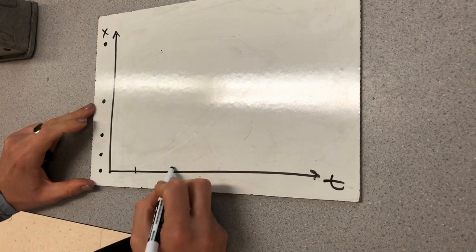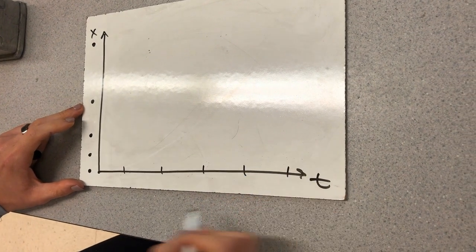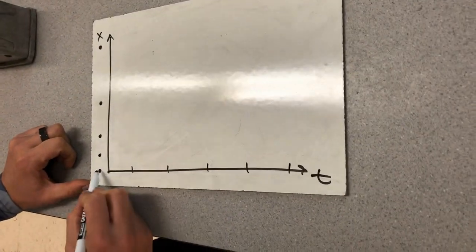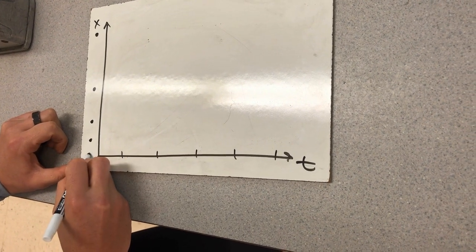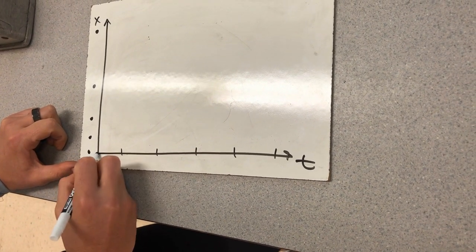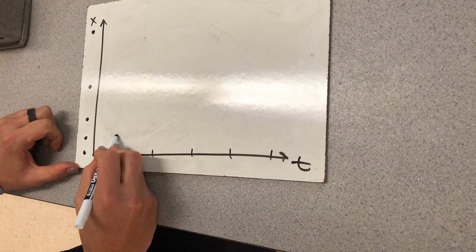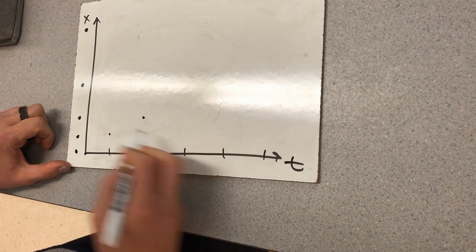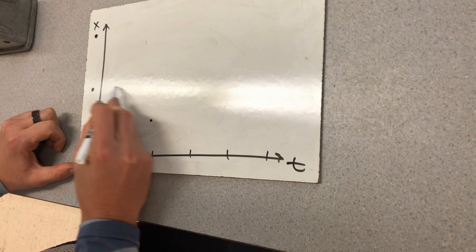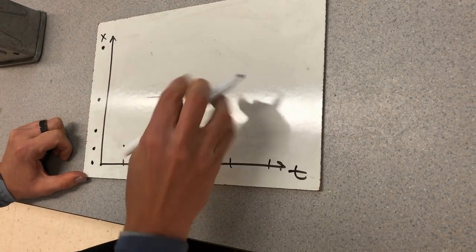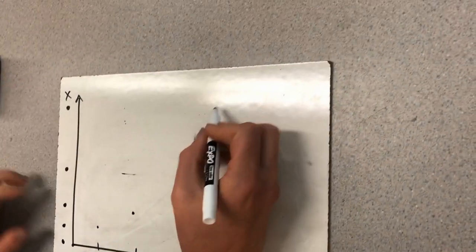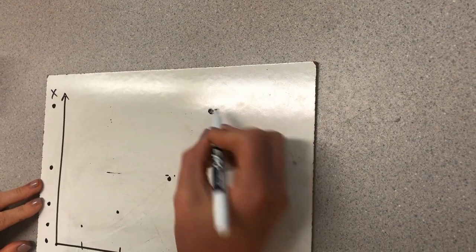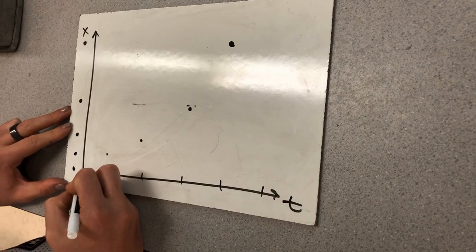I'm just gonna go 1, 2, 3, 4, 5. At this time, whatever that time is, the ball was right there at 0. Right here at this time, it was right there. It was right there. You see how I'm doing that? And this last one was right here. Whoops, extra line there. Okay, so here we go.